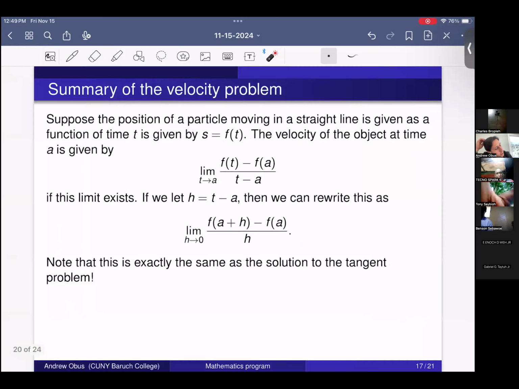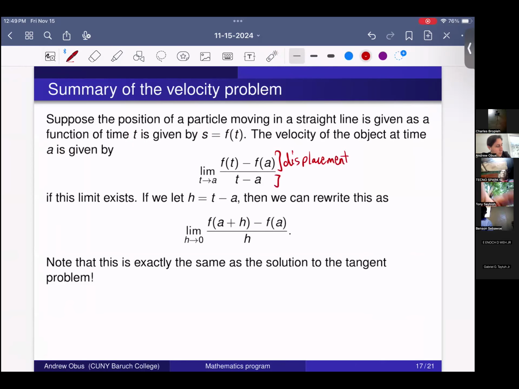Okay, so let me just say what's going on in general here. If we have the position of a particle moving in a straight line, given as a function of time t by s equals f of t, then the velocity of the object at time a is given by the limit as t approaches a of f of t minus f of a over t minus a. The numerator, remember, is the displacement between time t and time a.